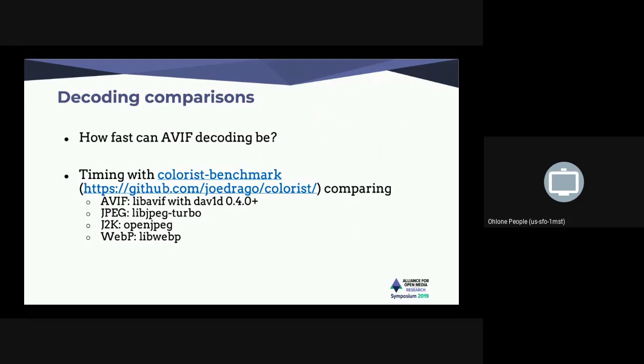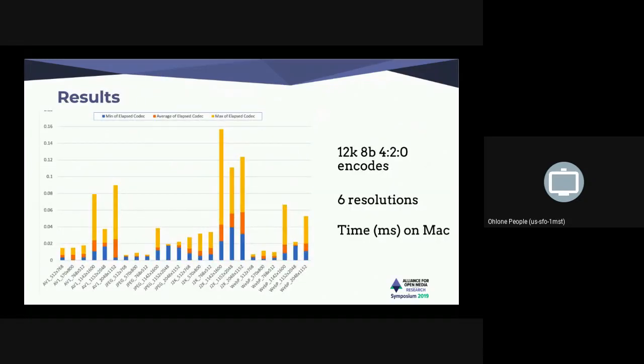And libwebp. So all our images, the total is probably 12,000 images, all 8 bits. Here, only reporting the 420 subsampling. And we have about 6 resolutions in total here. I don't know if you can see it pretty well.